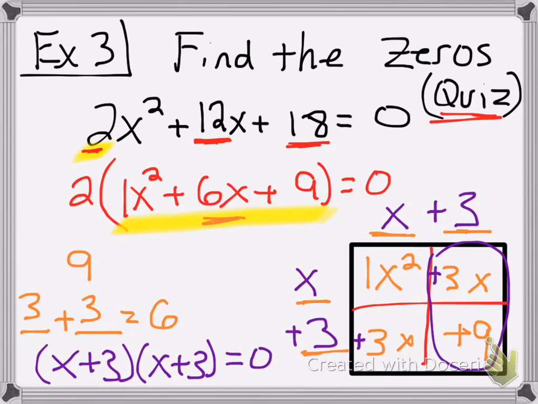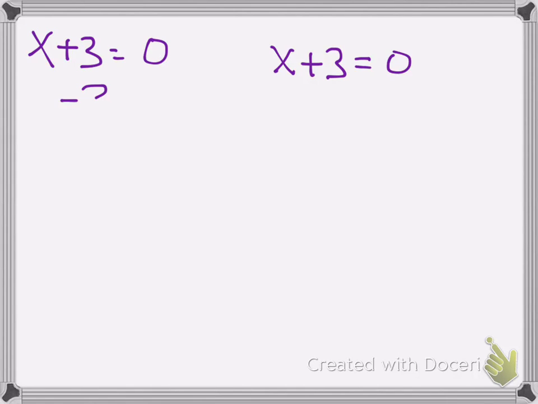Alright, so what's going to happen here when you find the zeros? You set each one equal to 0. Uh-oh. I think Bubby's just waking up. So, guys, I may have to wrap this up here. Here's what happens when you solve.